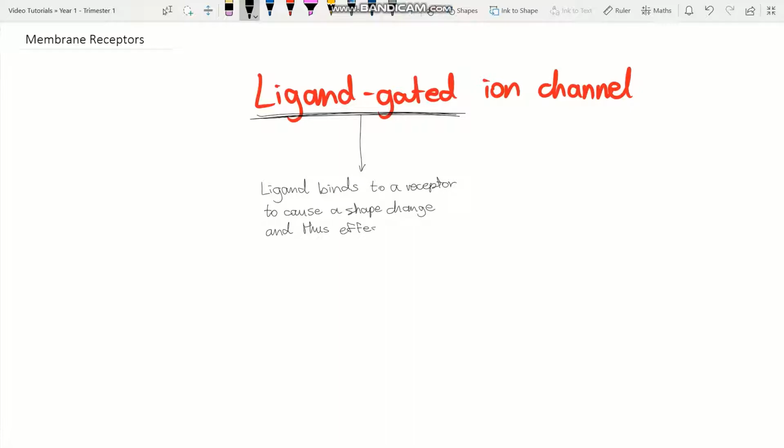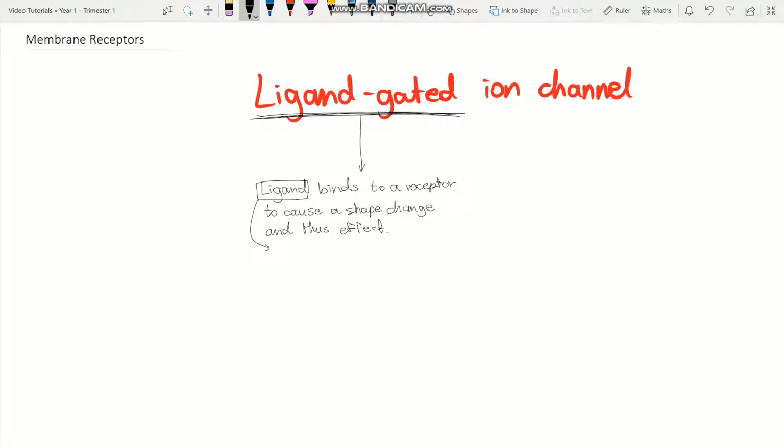Now, specifically, a ligand is a molecule that is a chemical messenger, so a hormone, a gas, or any other type of chemical messenger that is able to bind to a receptor in order to have this particular effect.